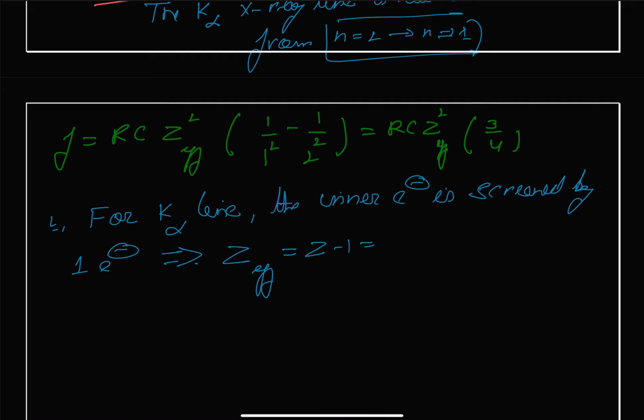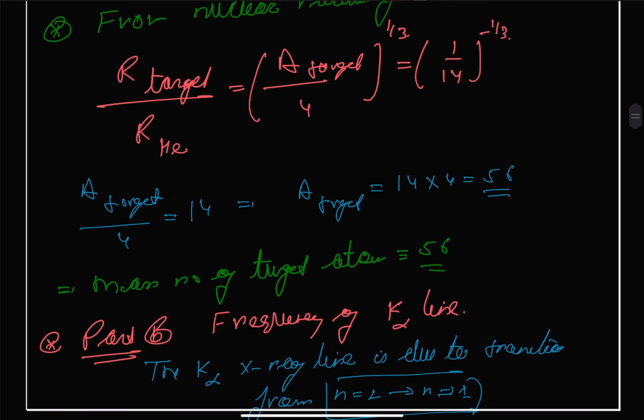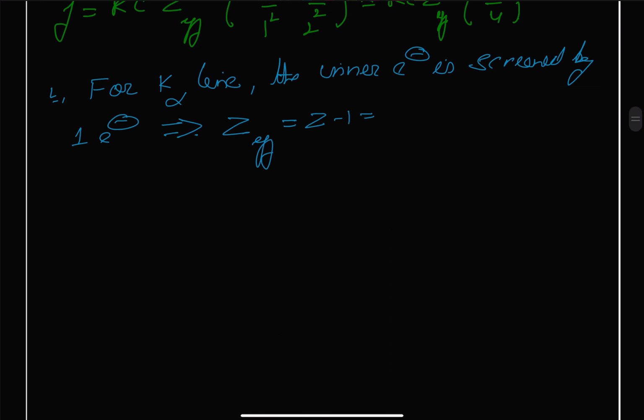We already know the mass number, we can find out the atomic number. Z is equal to A minus N, where N is the number of neutrons, that is 30.